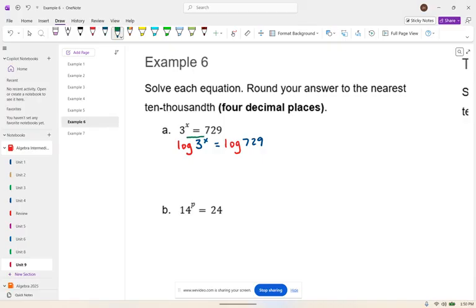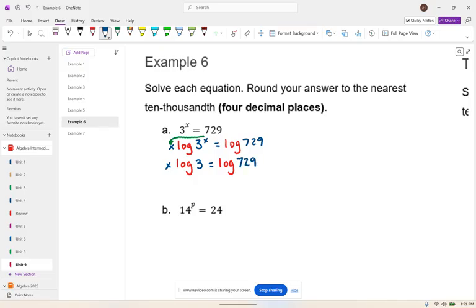The power rule means that I can move the power, the exponent, down in front of the logarithm, and I'll end up with x log of 3 equals log of 729.